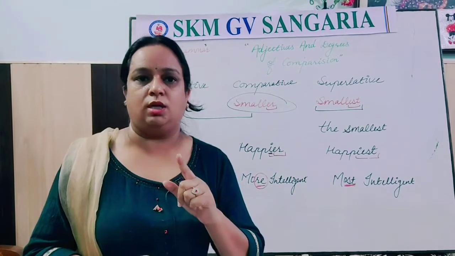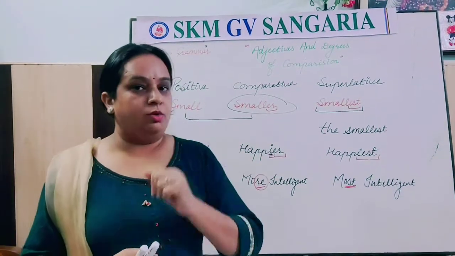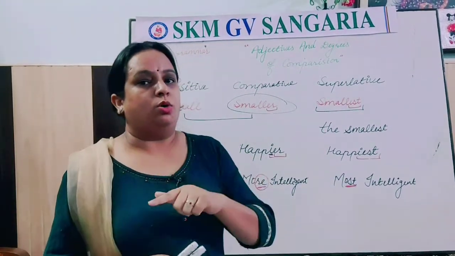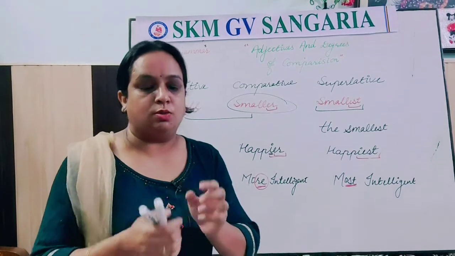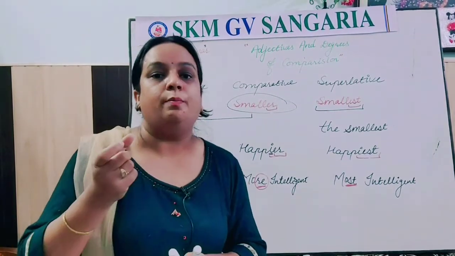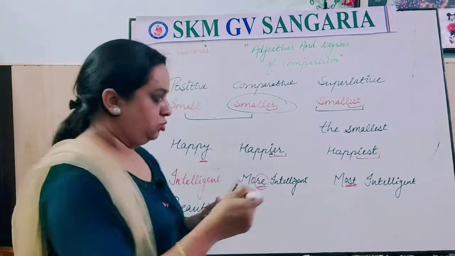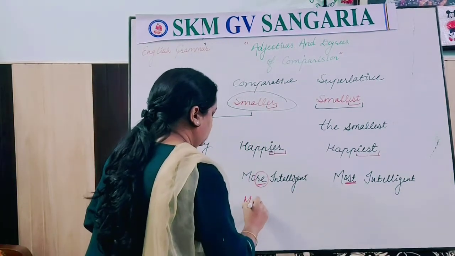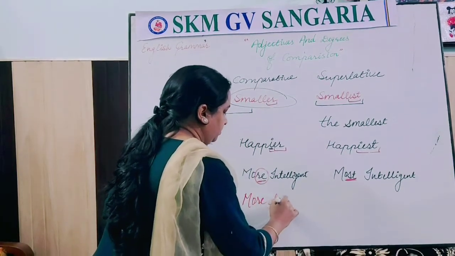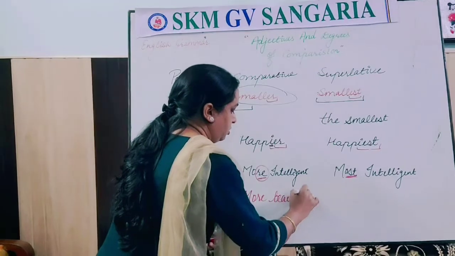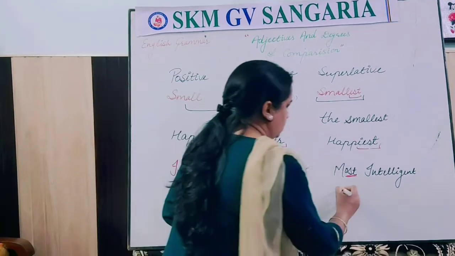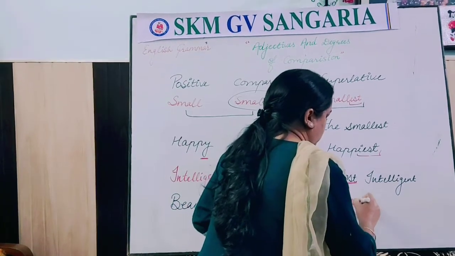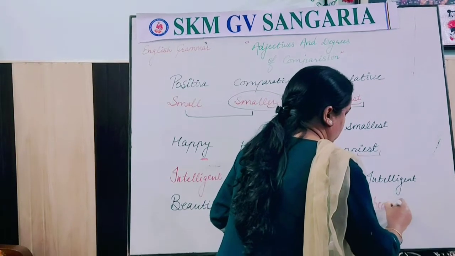It is not one time. So what do you have to use here, ER or more? It's more. Speak once again. Beautiful. So it is more beautiful and most beautiful.